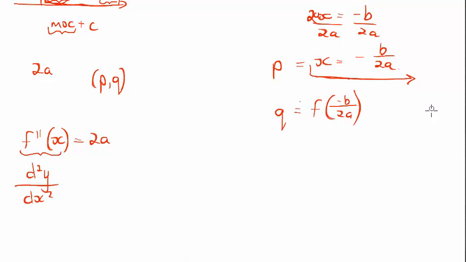Okay, so what else did I want to show you? Let me show you quickly a slightly more difficult derivative from first principles, and that is if my function is a parabola. I'm going to use the easiest parabola because I'm lazy, but you can go and practice it with the more complex ones.